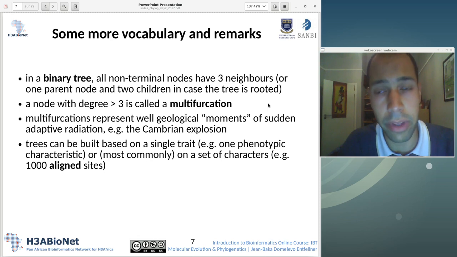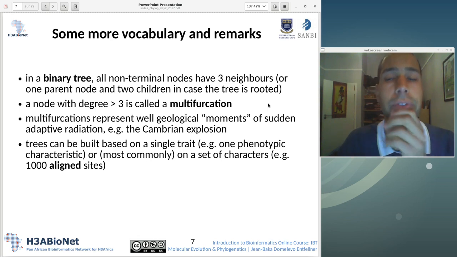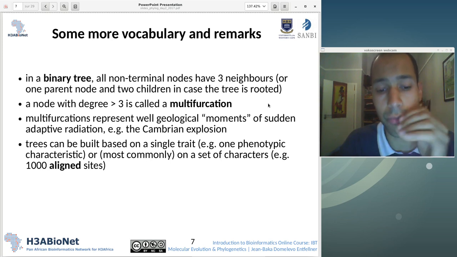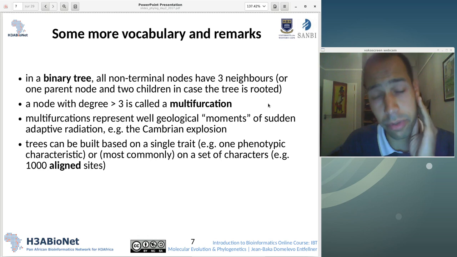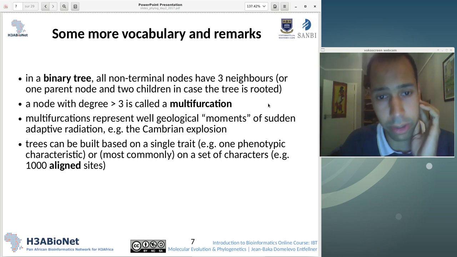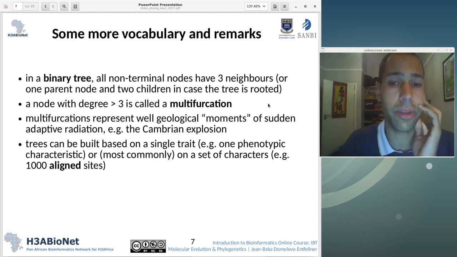The leaves are the terminal nodes. And of course, a leaf is connected only to one edge. So this one edge leads to one neighbor. So terminal nodes, aka leaves, have one neighbor, but in a binary tree, all non-terminal nodes have three neighbors.